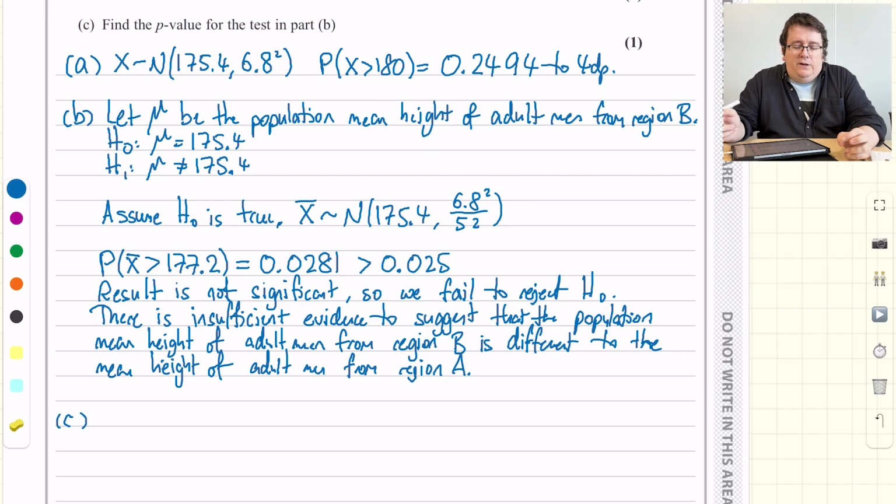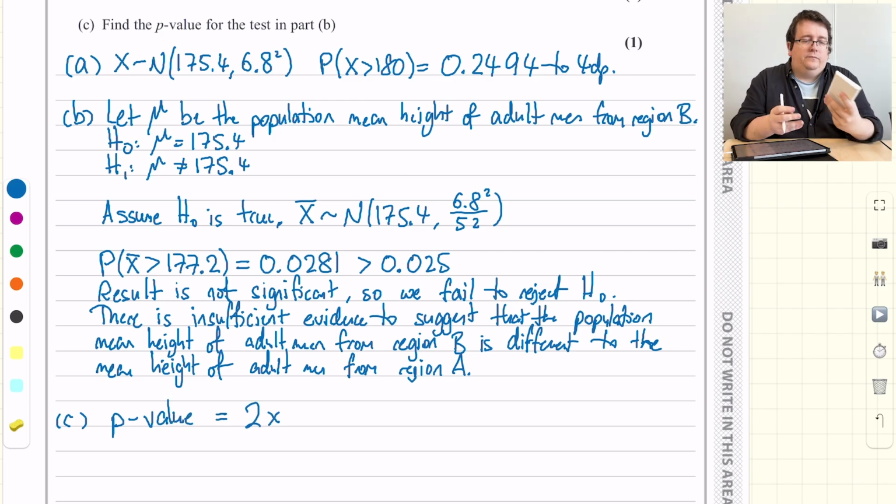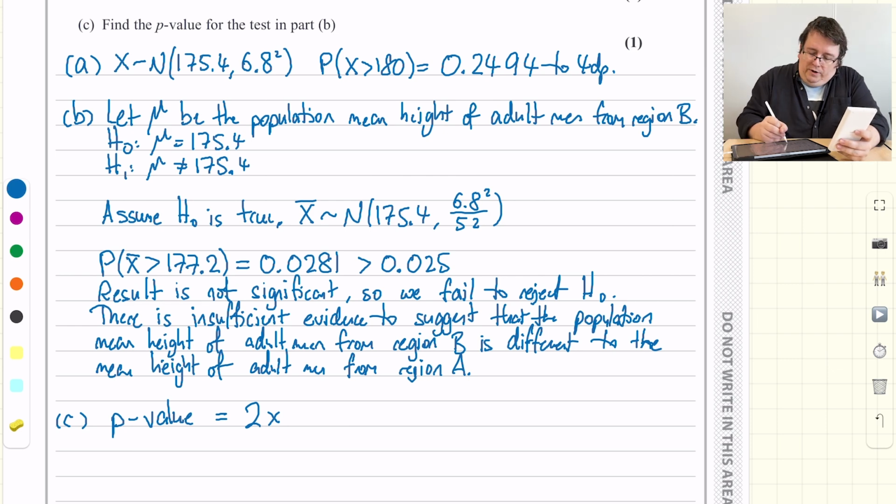Find the p-value for the test in part B. The p-value for the two-tailed test is twice the p-value that you got from your probability, right? So the 0.0281. So the p-value is equal to two lots of, I'm going to use the full calculator display on this, 0.02814258.